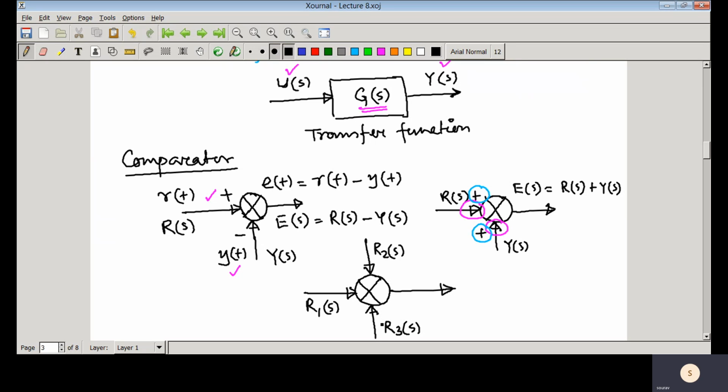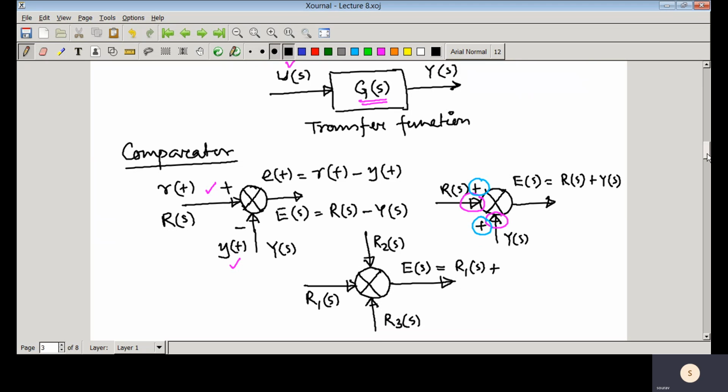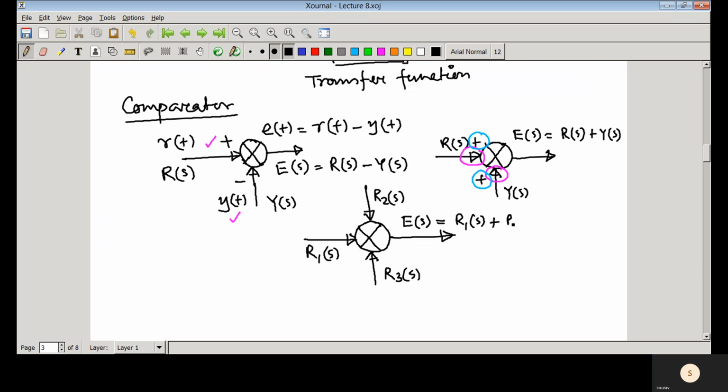So you can see that three signals are entering and one signal should be going out from that comparator, otherwise it does not make sense. E(s) would be equal to R1(s) plus R2(s) plus R3(s). So this is actually the basic operation that takes place in the comparator. These all are algebraic operations, and this operator, I hope you understand how to realize it.